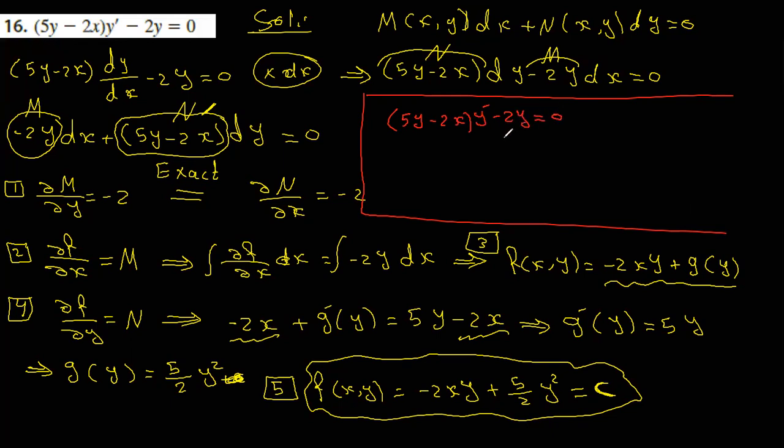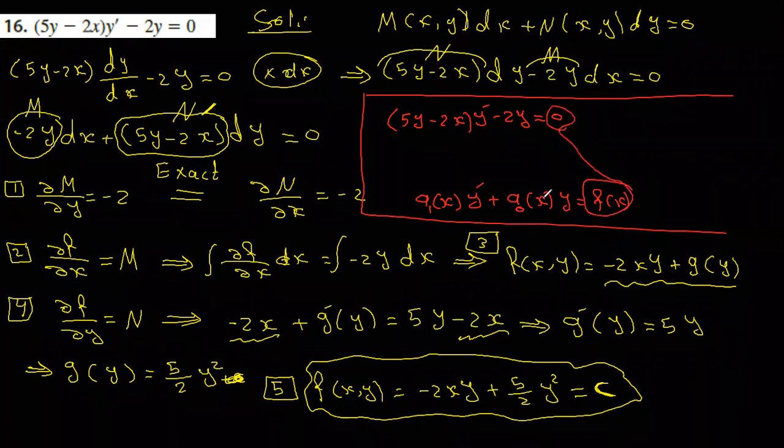I know the general form for the first order linear equation is: a1(x), a function of x, times y prime, plus a0(x), a function of x, times y, equals f(x). Now f(x) is 0. a1(x) is -2, am I right?